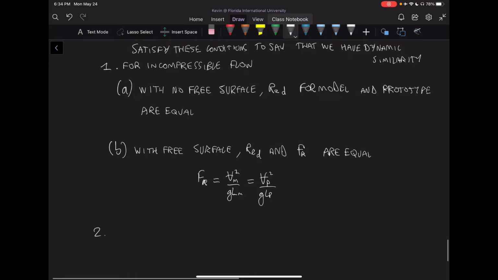And for compressible flow, we need to check a couple of things.